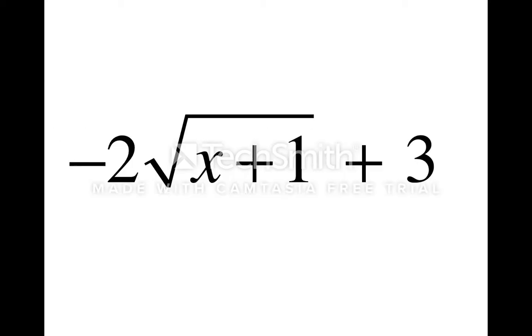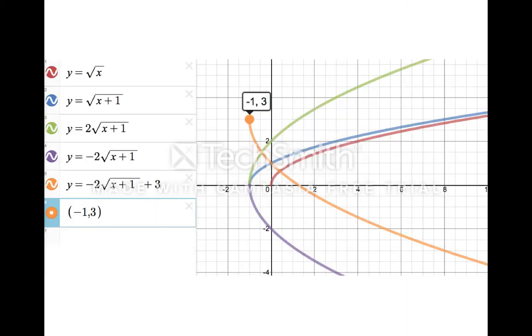So we're going to step by step use transformations to graph the function minus 2 times the square root of x plus 1, plus 3. So we start with our basic function from our library of functions, square root of x.